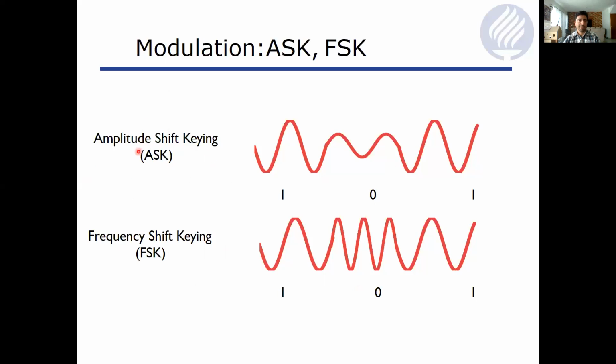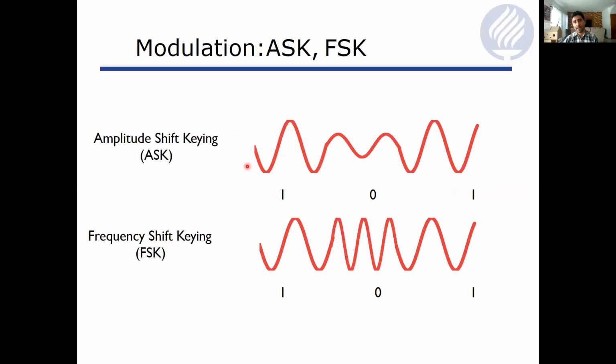We can change the amplitude of the signal in order to represent different bits. For example, in this sinusoid wave, to transmit a bit 1, we can go high amplitude. For transmitting 0, we can go lower amplitude. So by changing between higher and lower amplitude, we can send a stream of 1 and 0 bits.